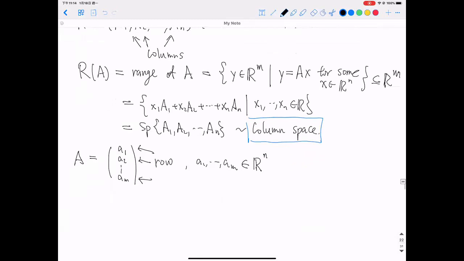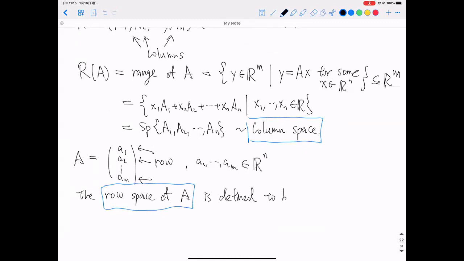And the row space of A doesn't really have a preferred notation, it seems, but it's defined to be just the span of the rows.